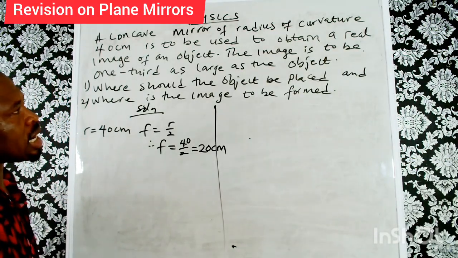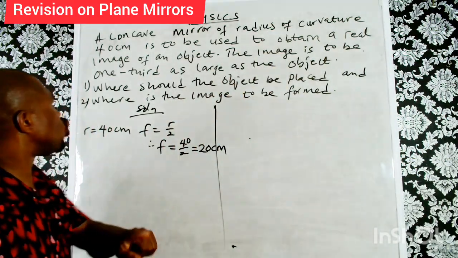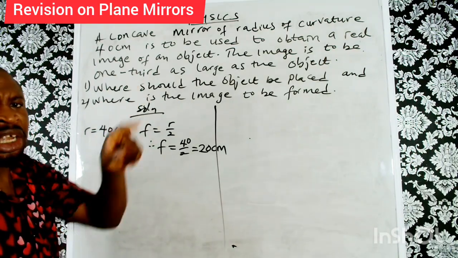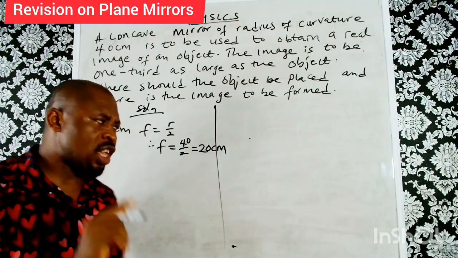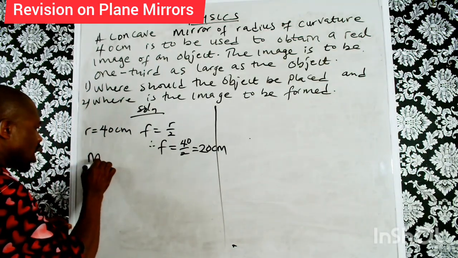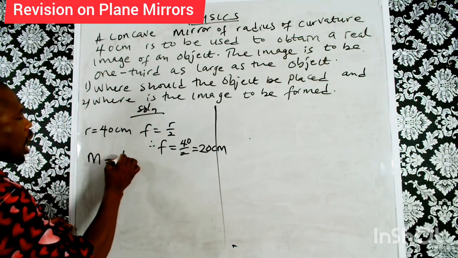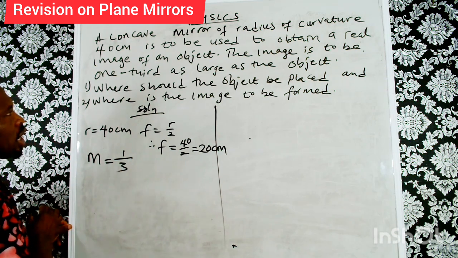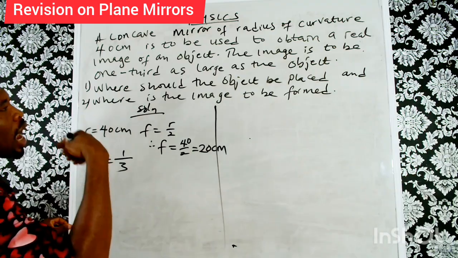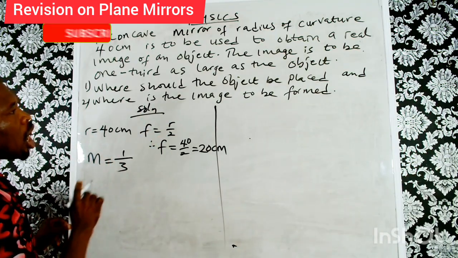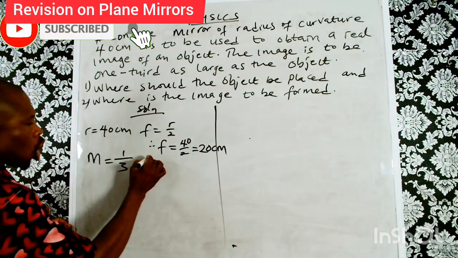Now, having gotten that, they say that the image is to be 1/3 as large as the object. What does that mean? That is the magnification. That means magnification M is 1/3. Now the question says, where should the object be placed?